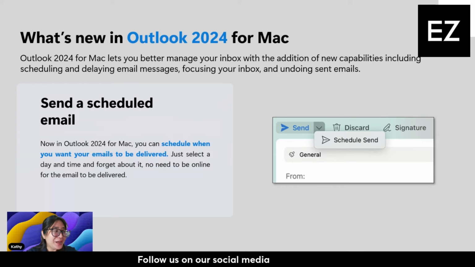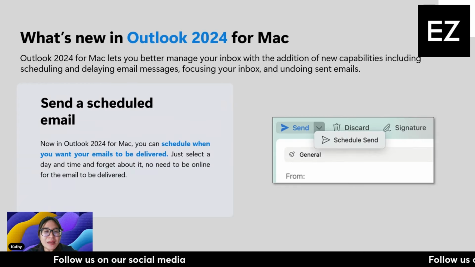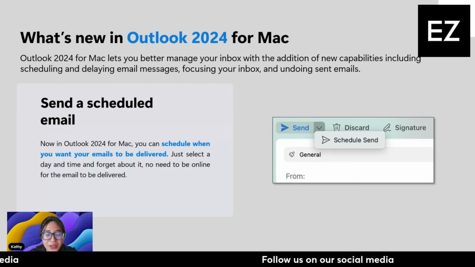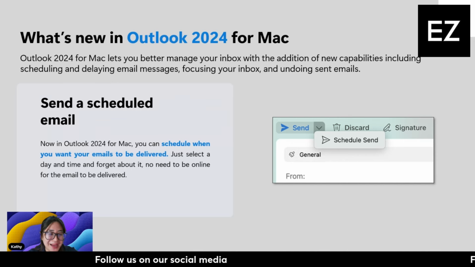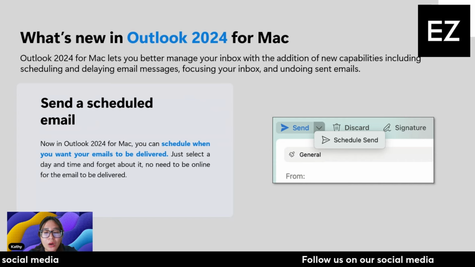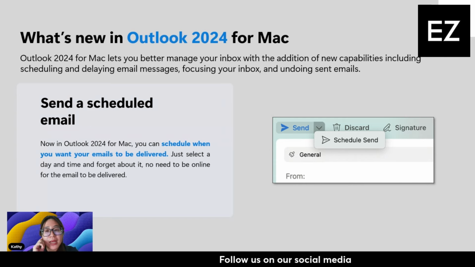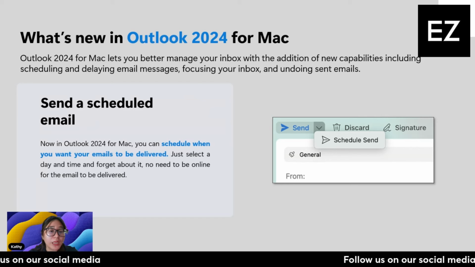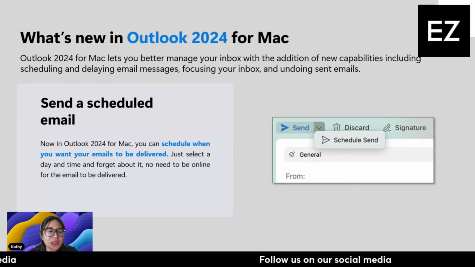Okay, so scheduling emails. This is something that I use more than I actually expect. Sometimes you are working on replying to an email, but you may not want it to be sent out at that specific time, or maybe you want it sent out tomorrow morning, or at a specific time.